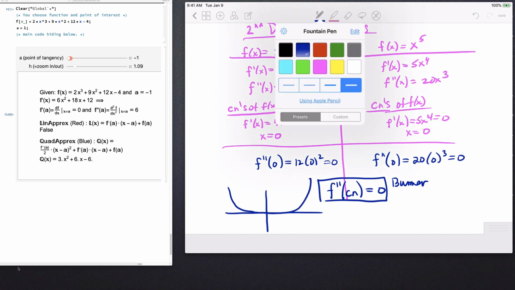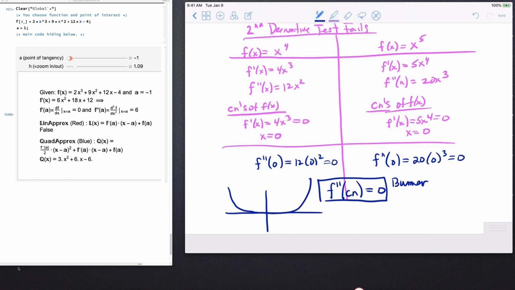And so if you compute the quadratic approximation at that point, you're probably going to get something that looks like this. So this function opens upward, and then you kind of know that there is a local minimum here. But the fact that the second derivative was 0 didn't show us that there was a local minimum there, because in the other case, x to the fifth is a function that looks like this, I think.